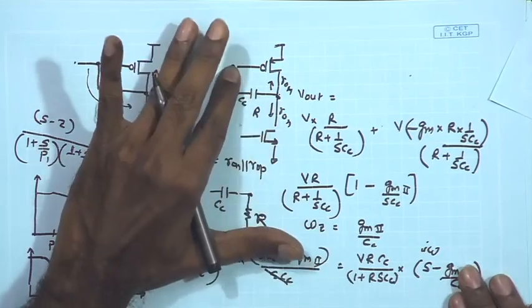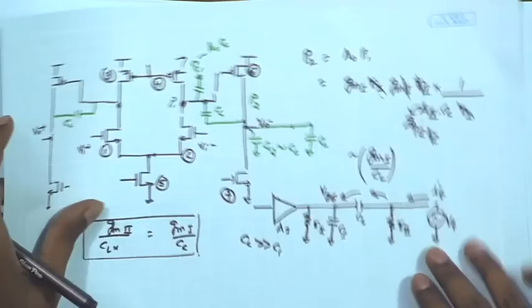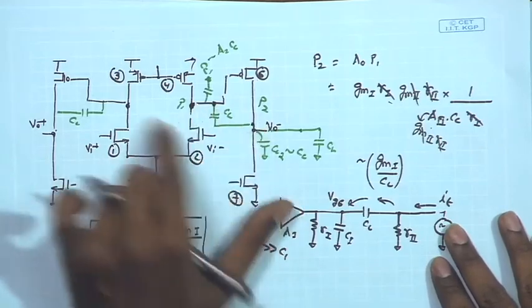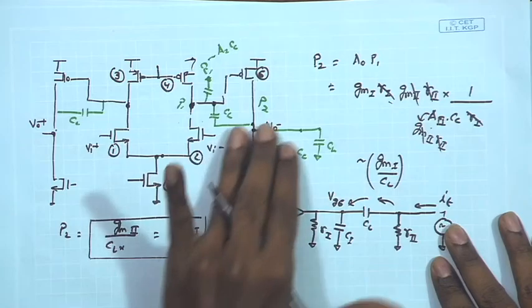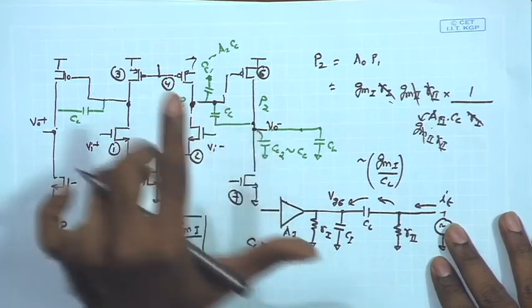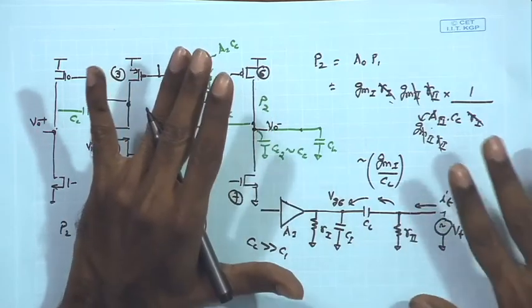So, if you do the exact expression, like if you write down the transfer function without considering any Miller effect and find out the exact expression for V out and V in, then you will get the expressions for the original poles and zeros at different nodes without having any approximation involved.